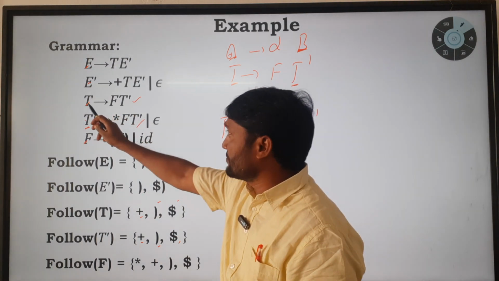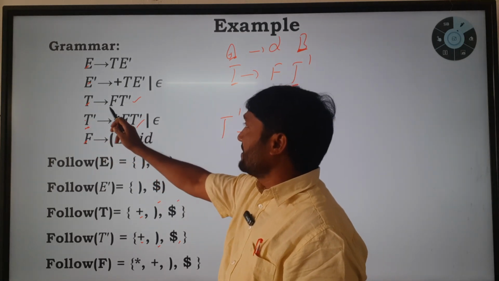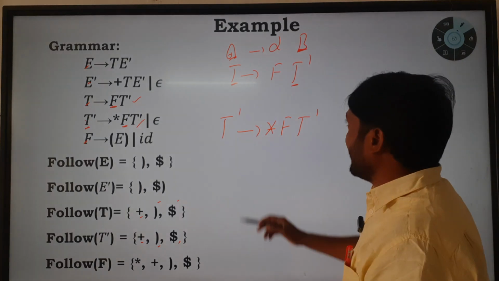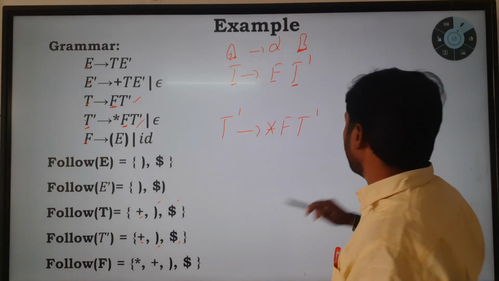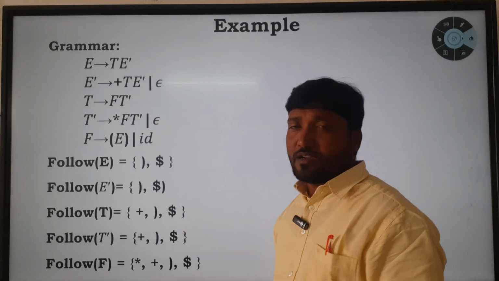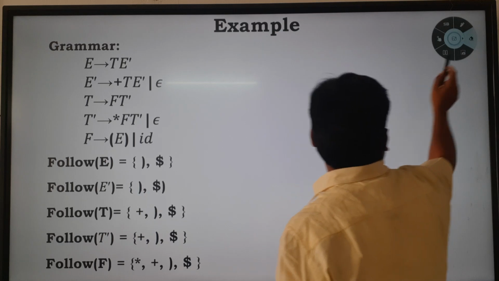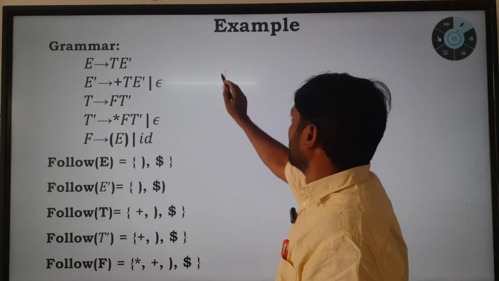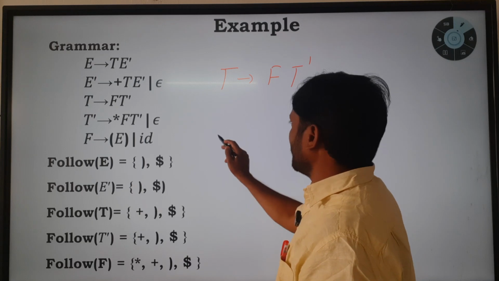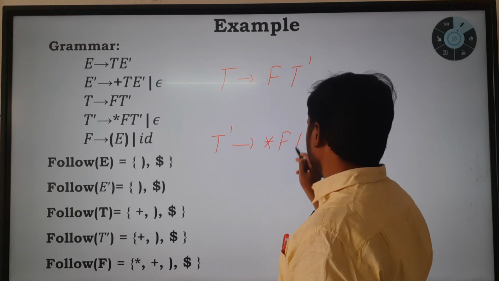We have two productions, T derives F T dash and T dash derives star F T dash. There is a capital F, there is a capital F. It is clearer to understand by taking the productions again: T derives F T dash and T dash derives star F T dash.